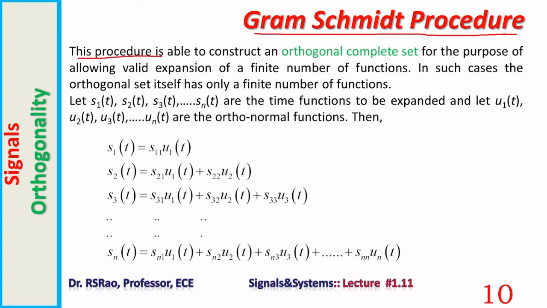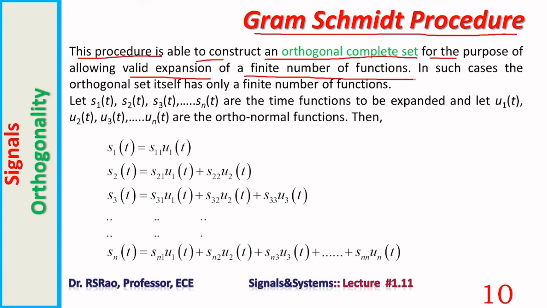This procedure is able to construct an orthogonal complete set for the purpose of allowing valid expansion of a finite number of functions. A finite number of functions are there, and we want to expand them in terms of orthogonal functions. How to have those orthogonal functions?